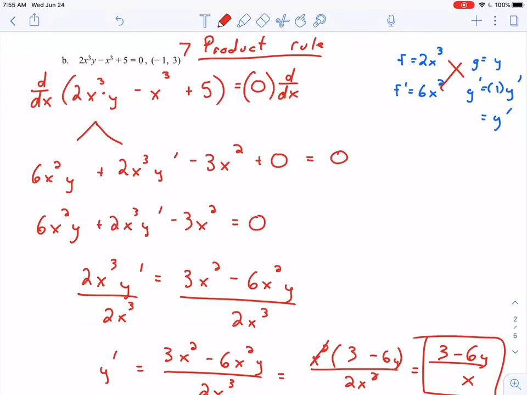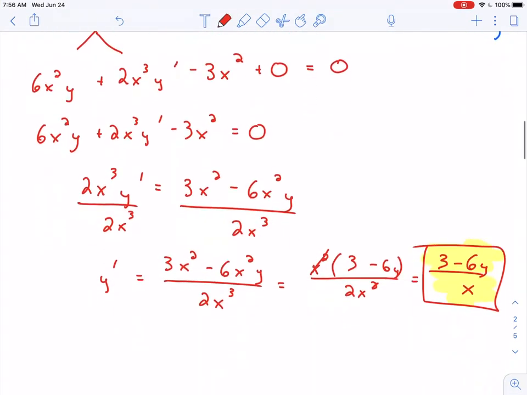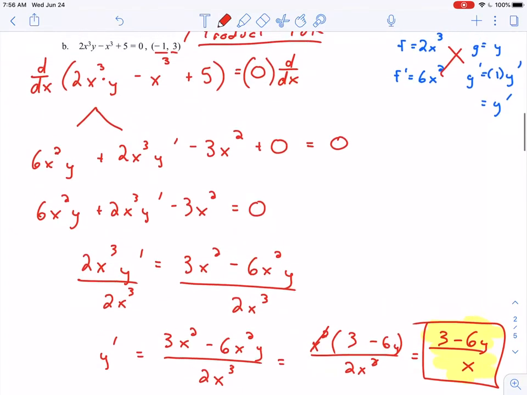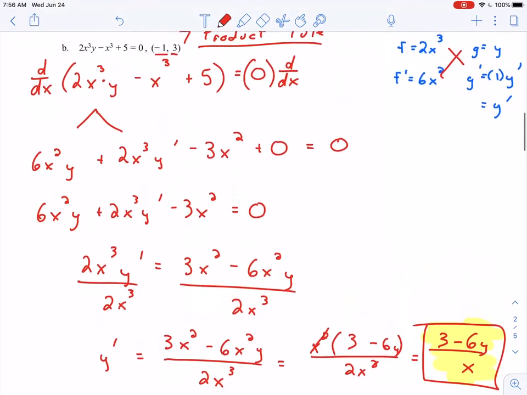Lastly, I'm going to evaluate my y prime, so I'm evaluating this guy at the point negative 1, 3. So I'm going to take the x value, negative 1, plug that in for x, the y value 3, plug that in for y, and solve for y prime. Whoops. So y prime equals 3 minus 6 times, I already forgot, 3, divided by x was, I already forgot again, negative 1.